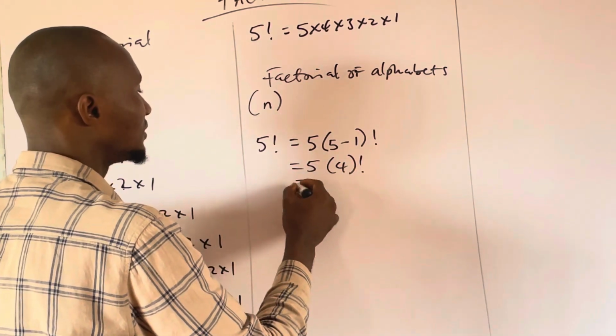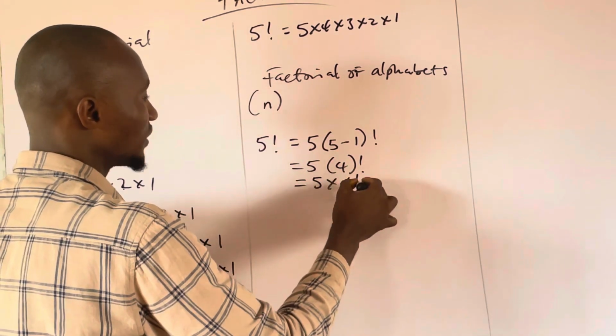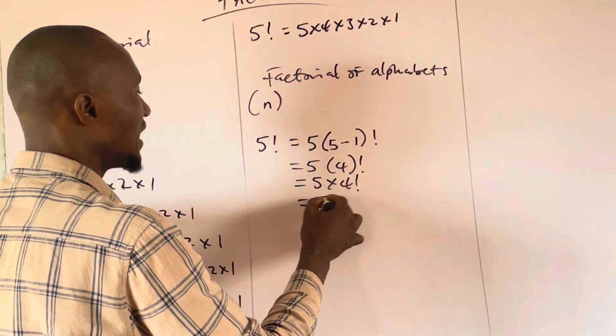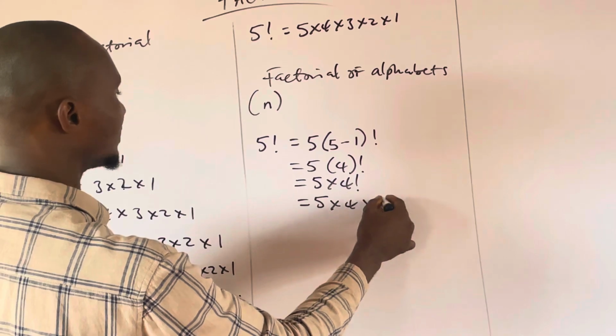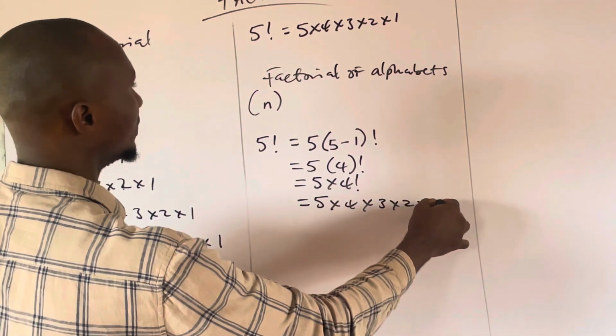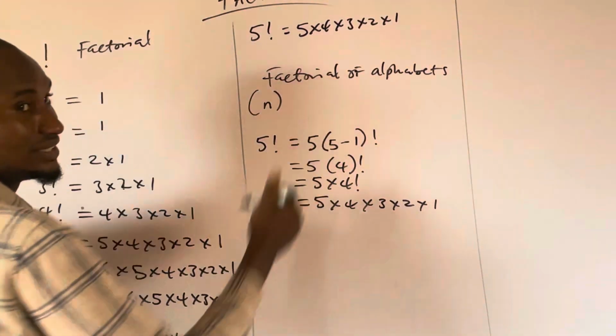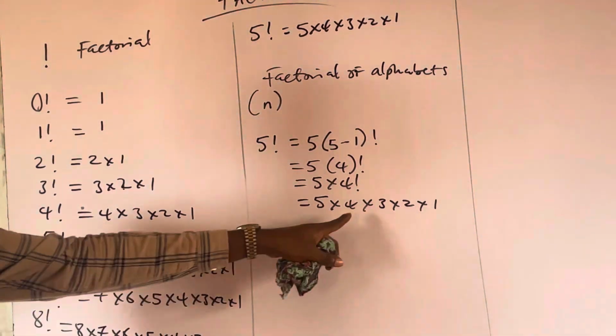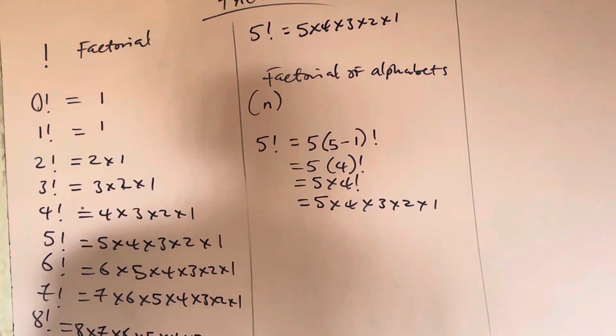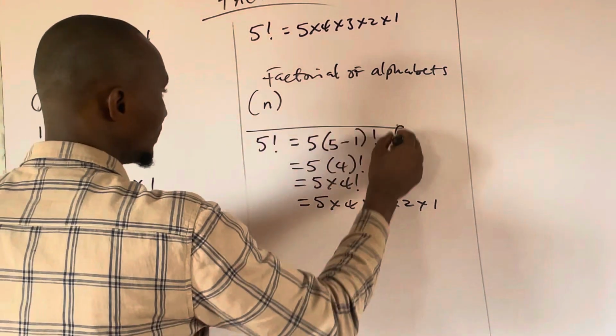And this means 5 times 4 factorial. Here, 4 factorial means 4 times 3 times 2 times 1. Are you seeing that this and that are the same thing? Did you understand that? Take note.